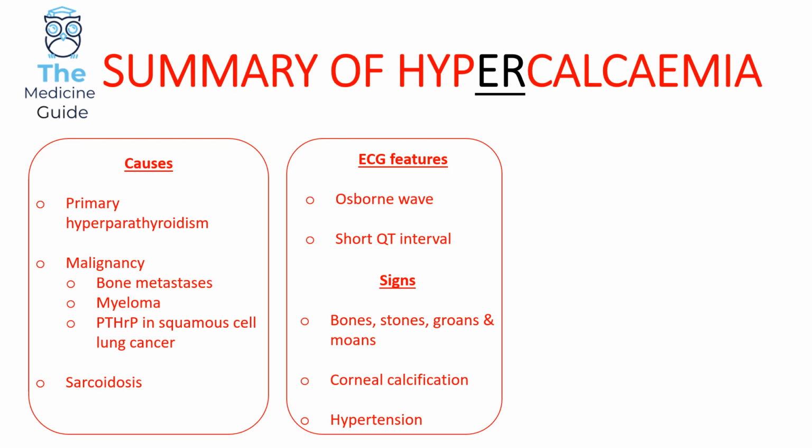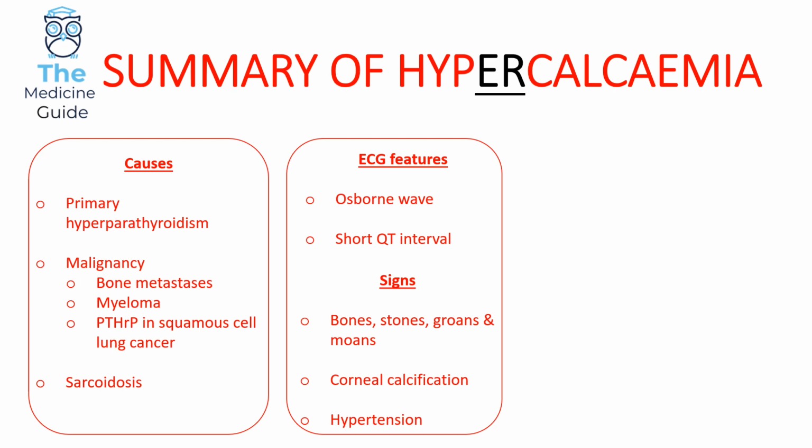So bones is referring to bone aches and bone pains. Stones refers to kidney stones. Groans refers to confusion, dementia, depression, and memory loss. And finally, the moans refers to constipation, abdominal pain, nausea, and vomiting.